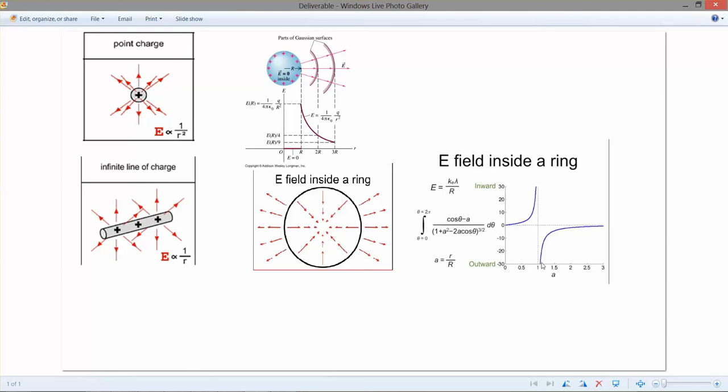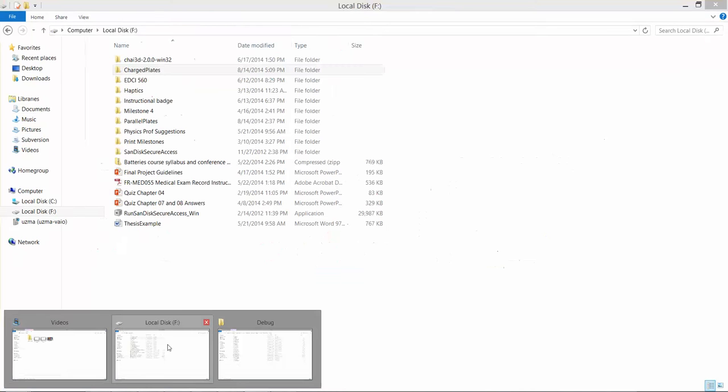And as we move away from the ring charge outward, the direction of the electric field is radially outwards, and the electric field intensity decreases as we move away from the circumference. So we can see this in our simulation.